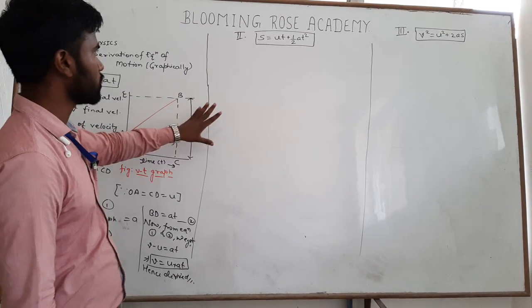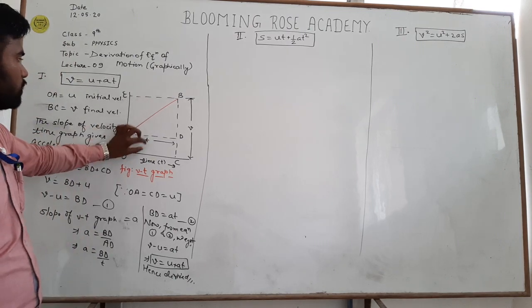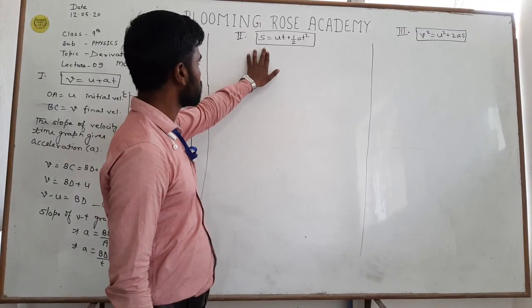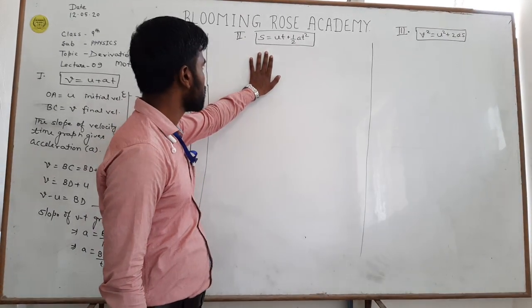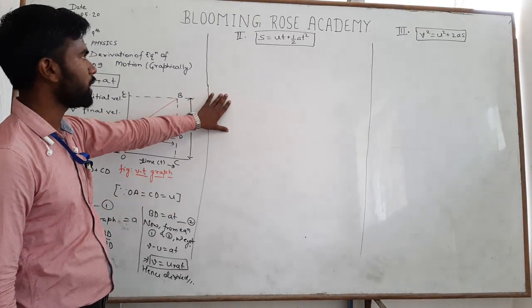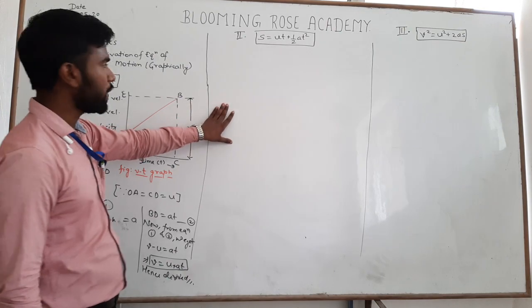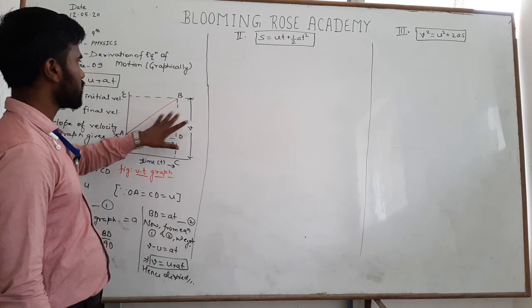Now for the second equation of motion and also for the third equation of motion, we use the same graph. This type of relation is called a displacement time relation. So here we calculate displacement, as we have earlier derived mathematically by average displacement, which is equal to average velocity into time.